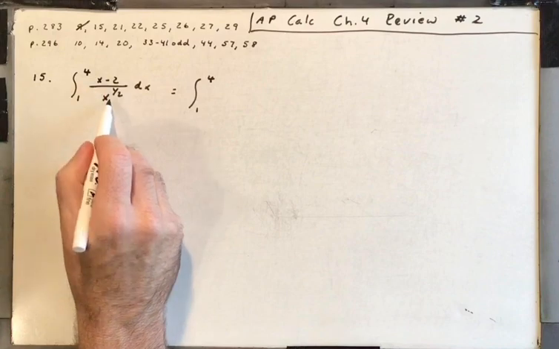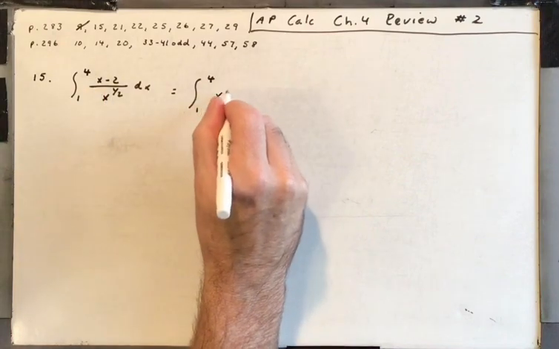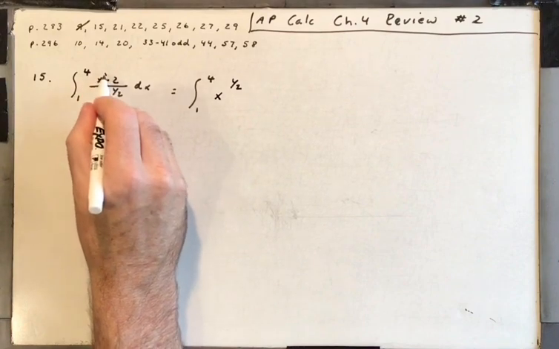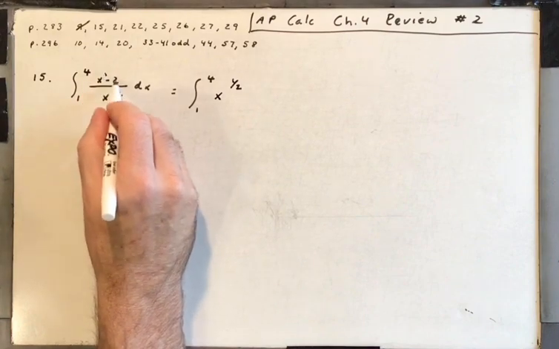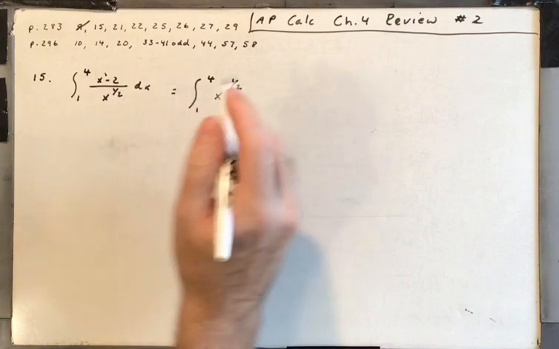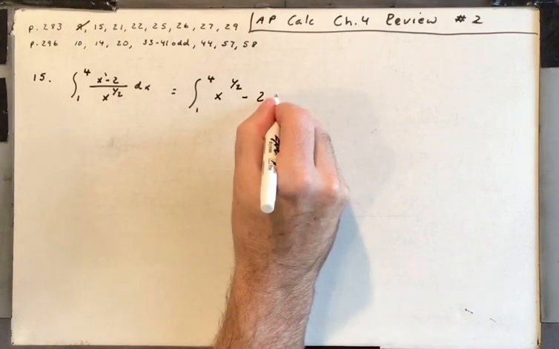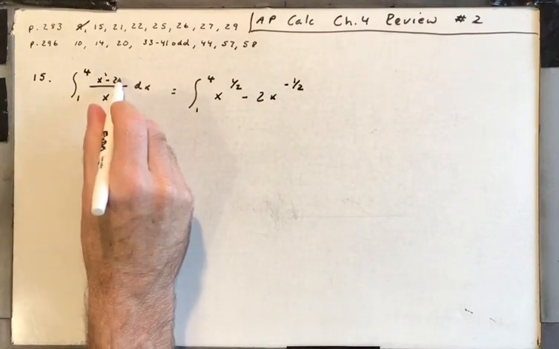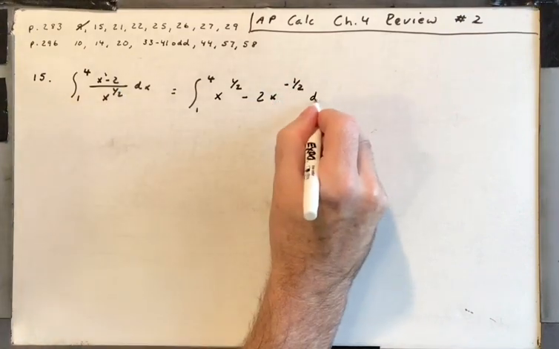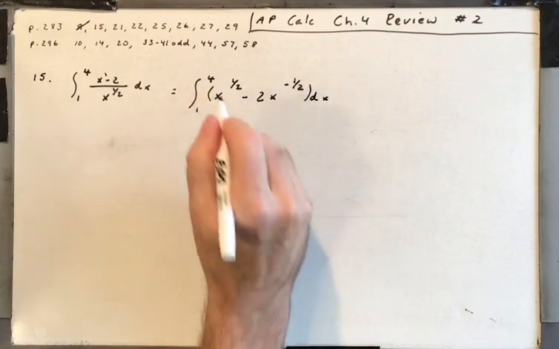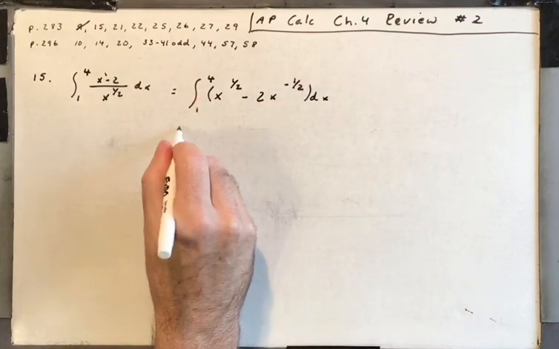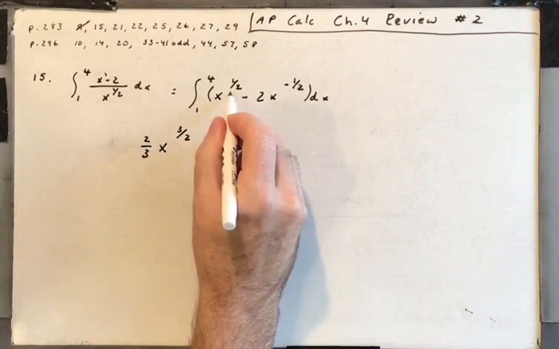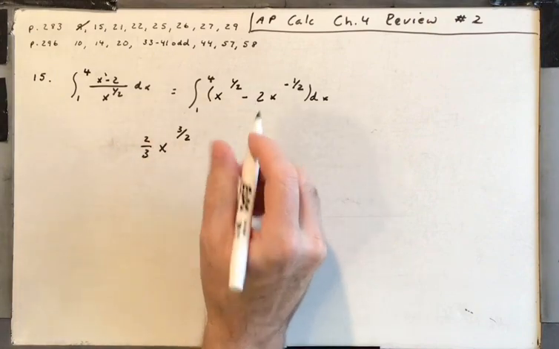X to the 1 over x to the 1/2 is going to be x to the 1/2. We'll just take the exponent here, 1 minus 1/2. 2 over x to the 1/2 would be minus 2x to the minus 1/2. I've divided that x to the 1/2 into the 2. Now we can integrate, so this will be x to the 3/2, but we need a 2/3 out front. That gets this one done.